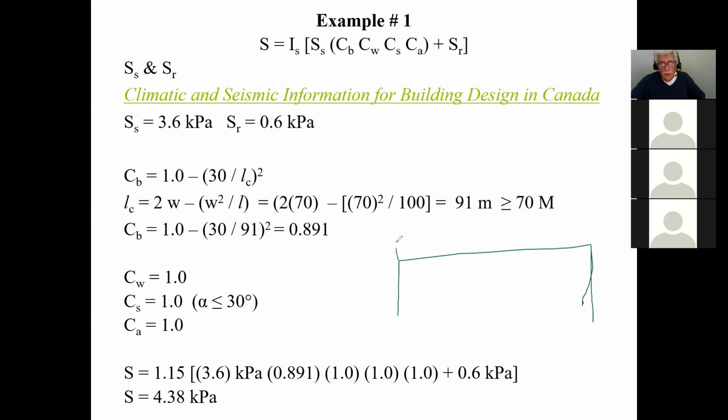Here I would assume the snow is somewhat uniform, but it's a big roof, and I would have to design the whole thing for a load of 4.38 kPa. That would be the load that I would impose on my roof structure and, of course, on the frame of my building.